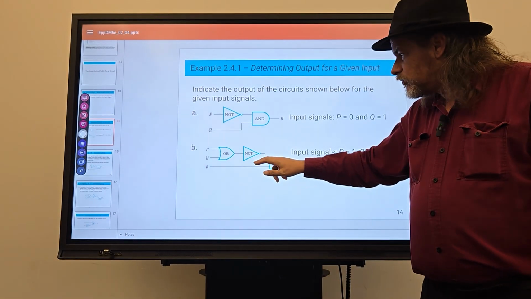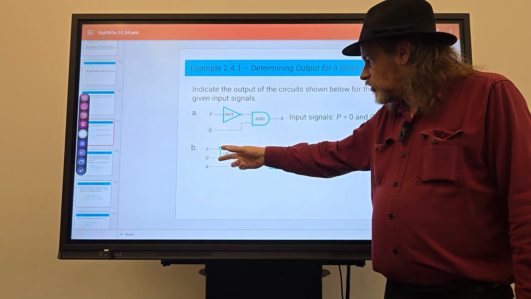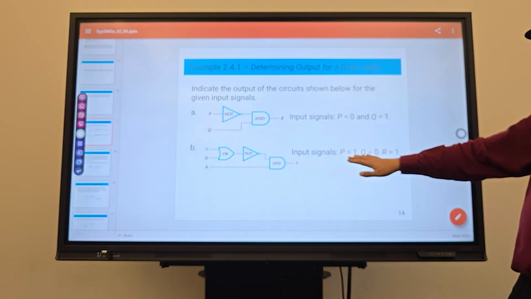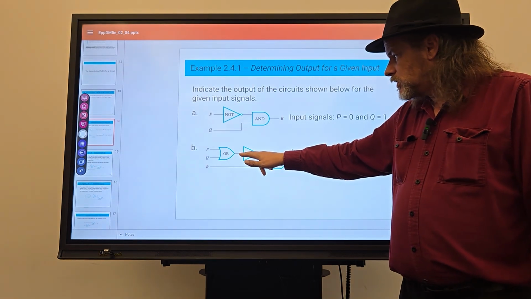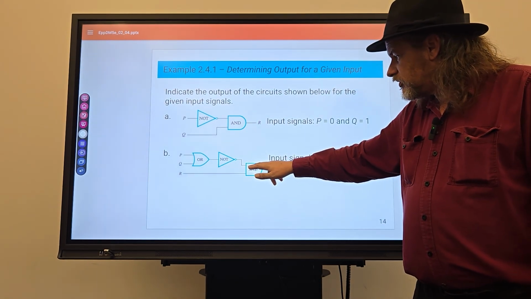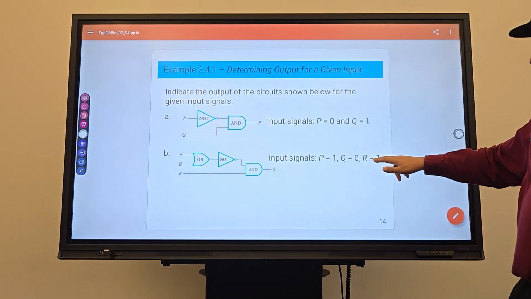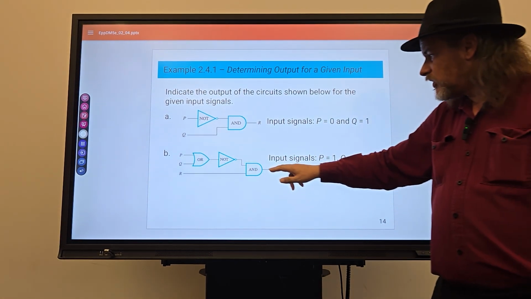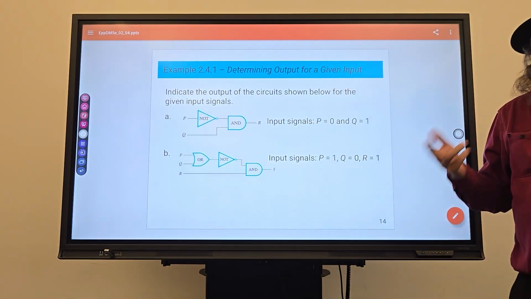With this one, you again work left to right. P or Q. P and Q are 1 and 0. So P or Q would be 1. Invert that to a 0. Input that into the AND gate with the R, which is a 1. So you have a 0 and a 1 ANDed together, and that is a 0.